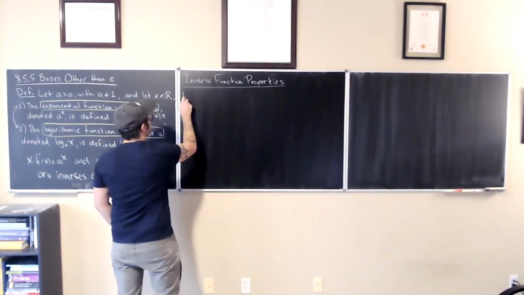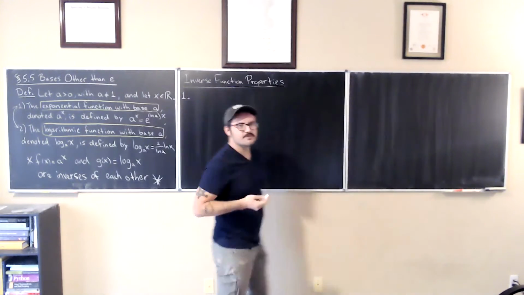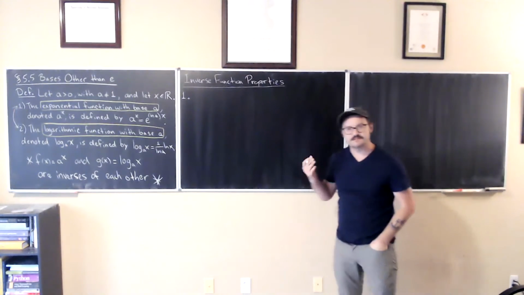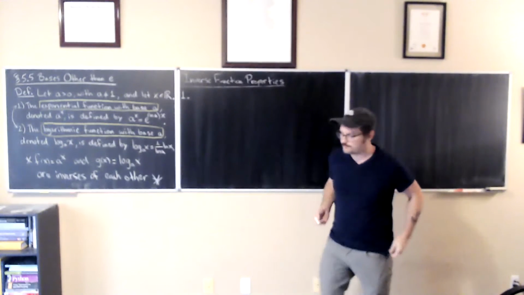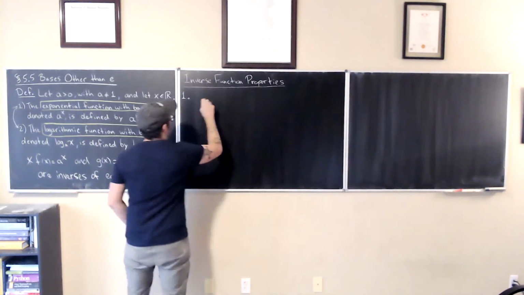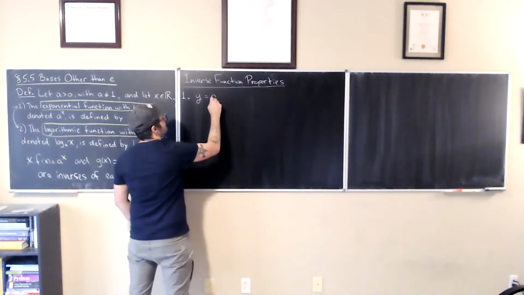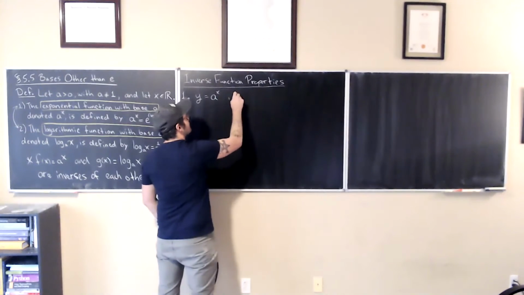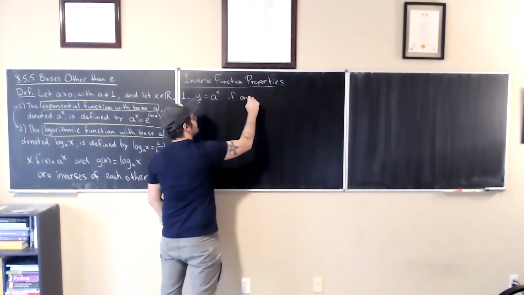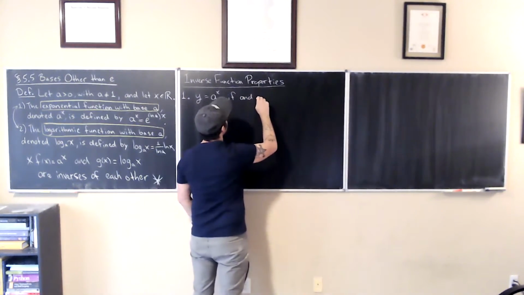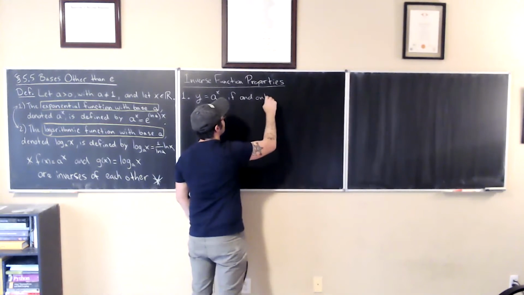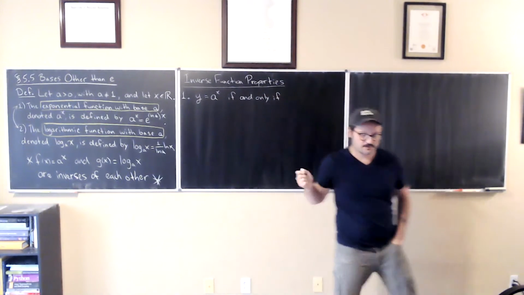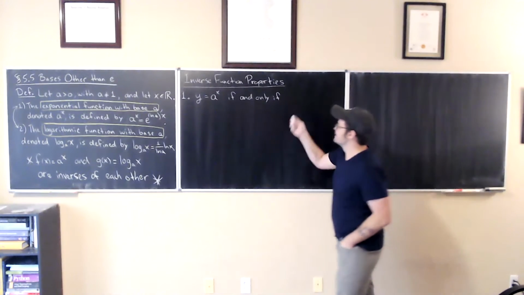So one, the equivalence relation between exponentials and logs, where you can transfer them back and forth. You can say y is equal to a to the power x if and only if x is equal to log base a of y.